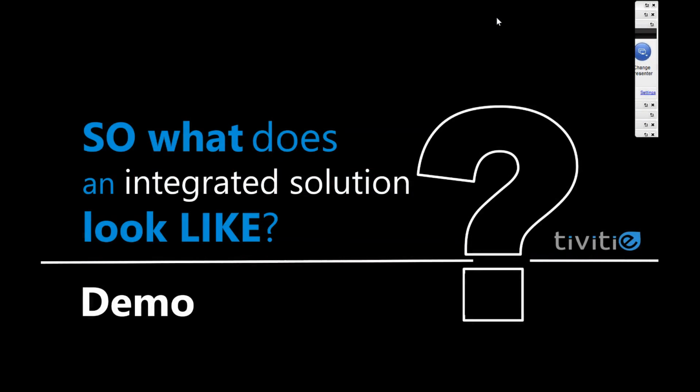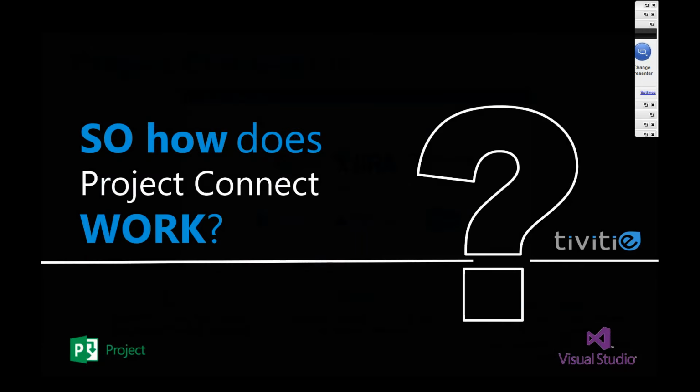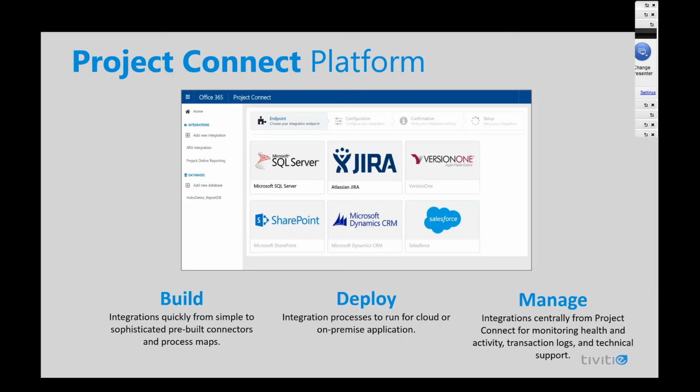All right, so hopefully you got a flavor for how the solution works together. Apologies for the interruption. So how does Project Connect work? Well, essentially, it's a productized-based integration platform of which a number of different integrations are already done.